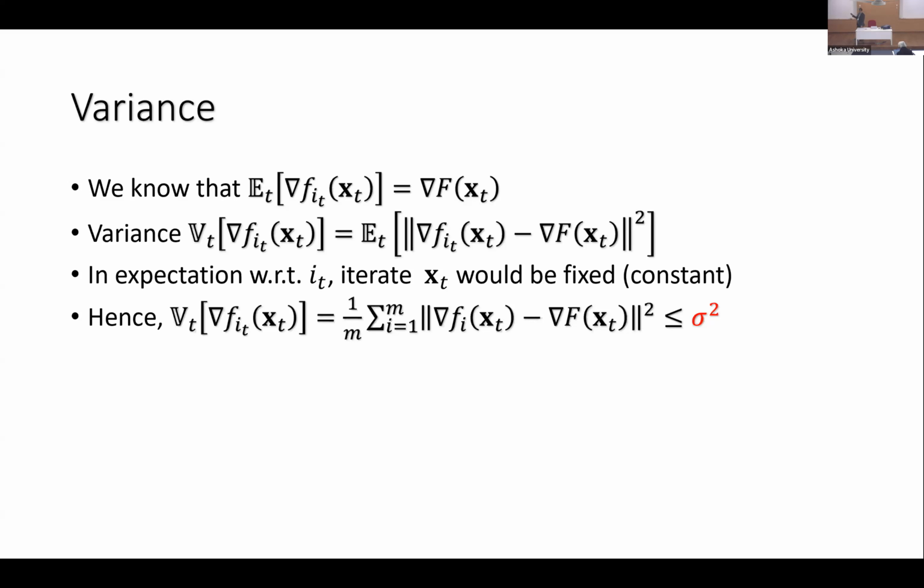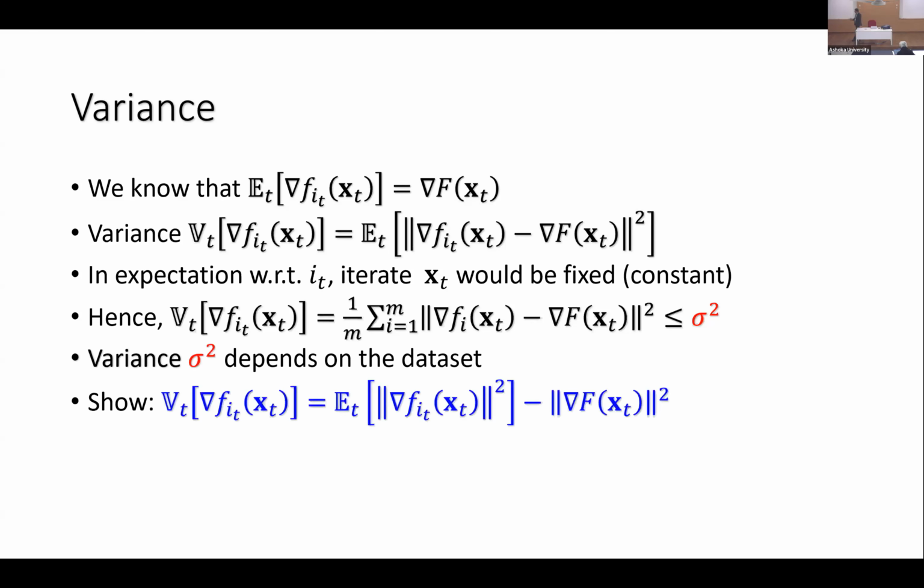This is a fundamental quantity that depends on the data set and the function that is used, the network and so on. Right? So variance is given by this: ET of the gradient norm square minus the whole function gradient norm square.